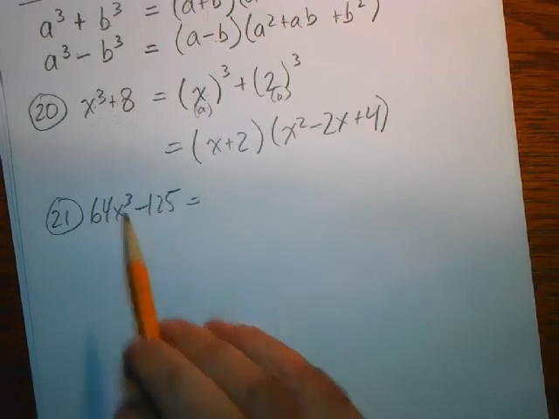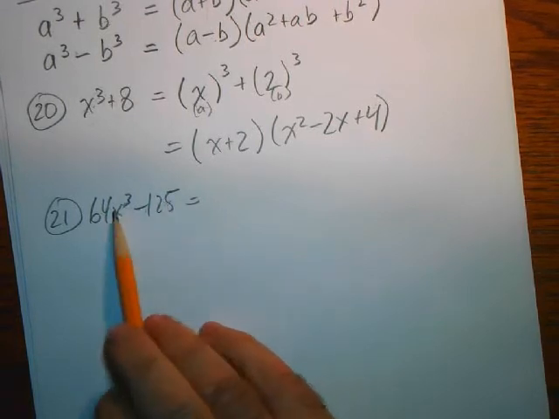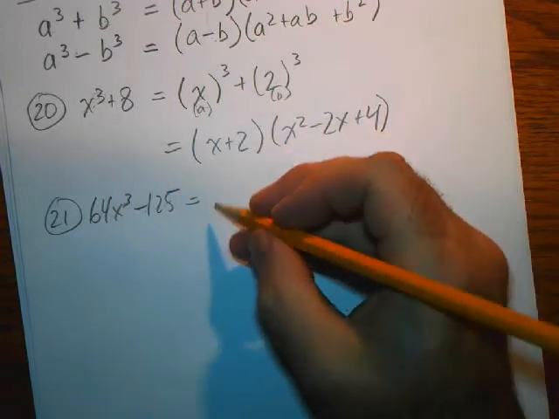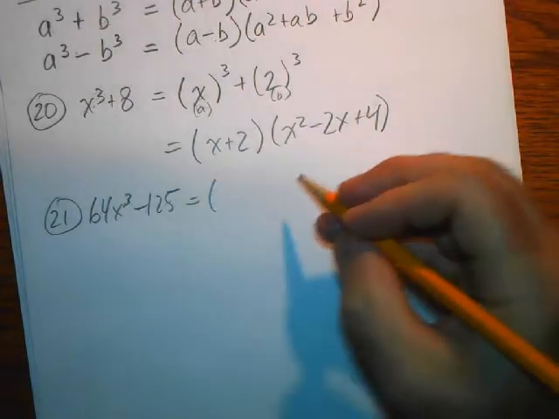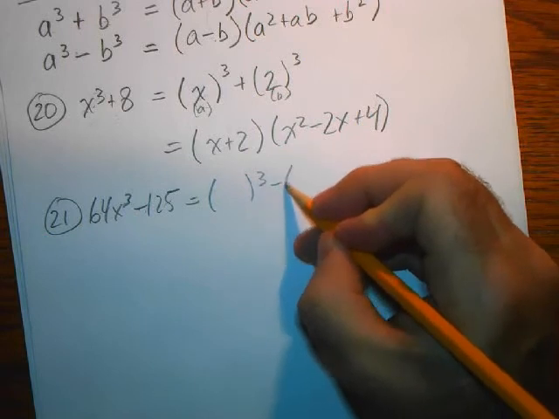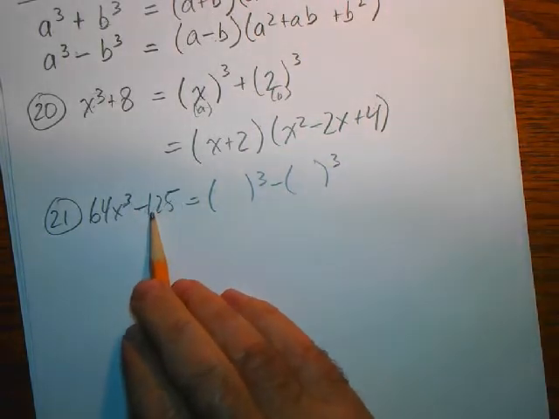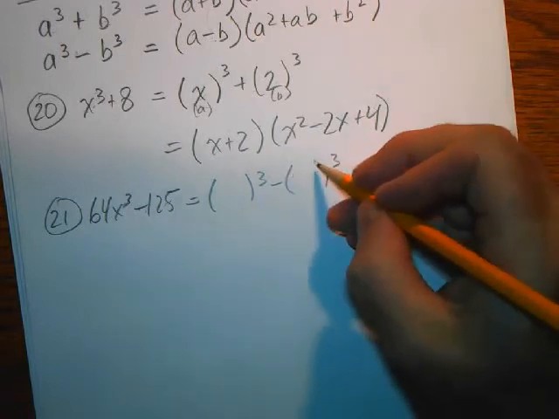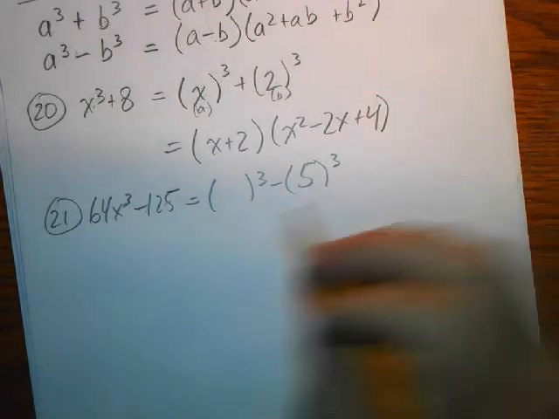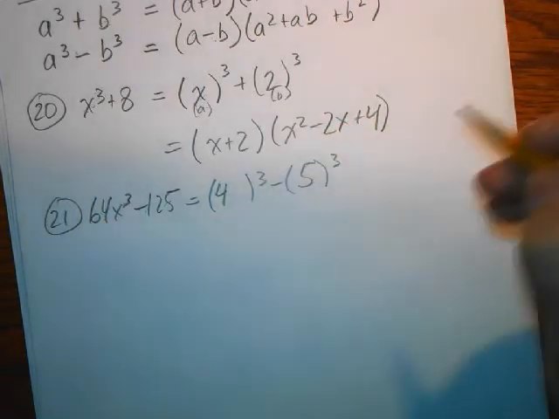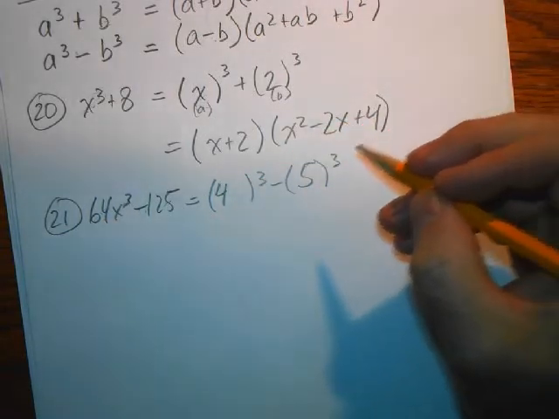So I'm going to rewrite this as something cubed minus something cubed. To get a 125, that's 5 cubed. To get a 64, that's 4 cubed. 4 times 4 is 16, times 4 is 64. And then x would go here. So again, that's my a and that's my b.